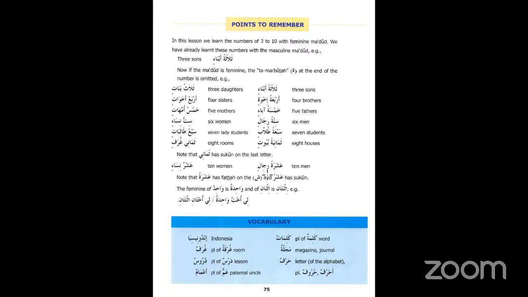For example, ashru nisa'in, 10 women, and ashratu rijalin, 10 men. Note that ashratu has fatha on the sheen and ashru has sukoon. The feminine of wahidun is wahidatun, and of ithnani is ithnatani.